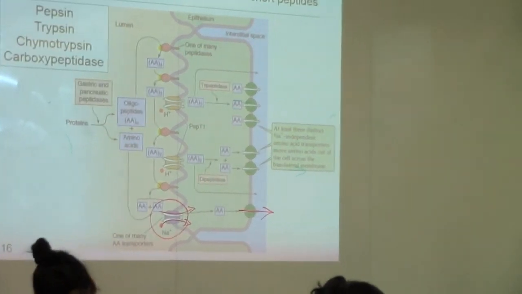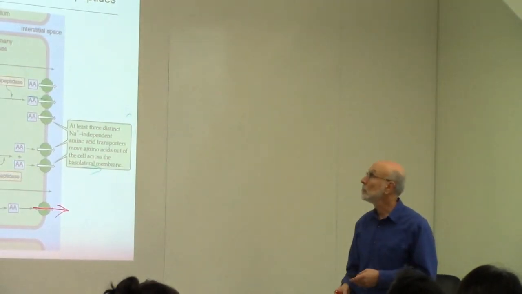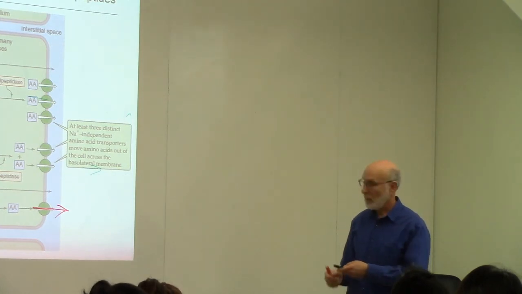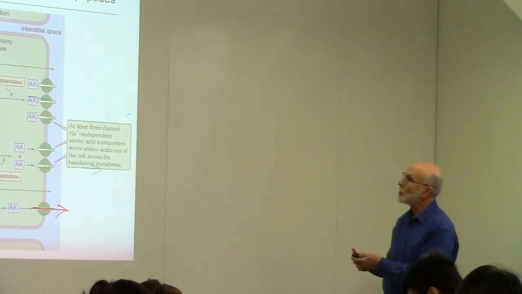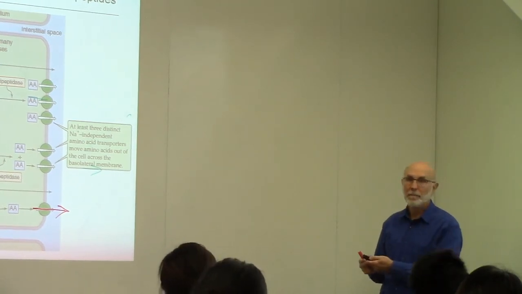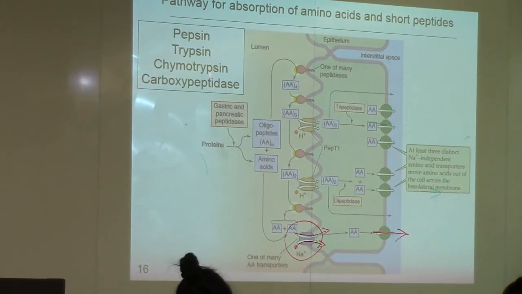Okay? So protein is probably the simplest of them all. The gastric peptidase is pepsin. The pancreatic peptidases are trypsin, chymotrypsin, and carboxypeptidase.